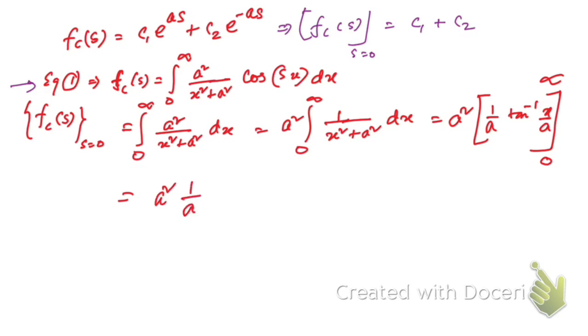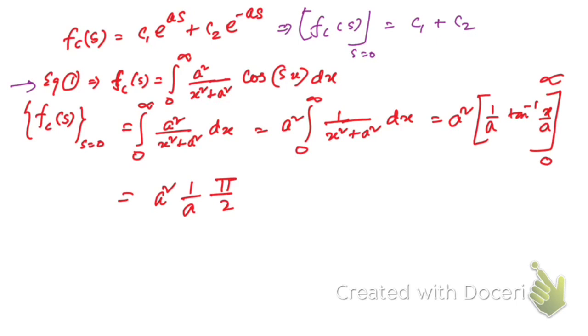In that case, if you use the limits, then a square times 1 by a tan inverse, here you should get infinity by a, that is going to be infinity, and tan inverse infinity is nothing but pi by 2. And tan inverse 0 is 0.